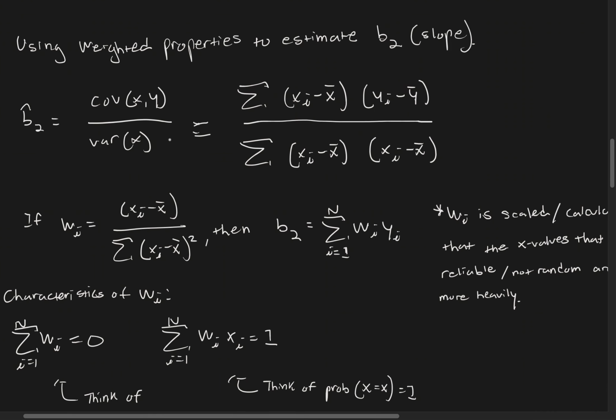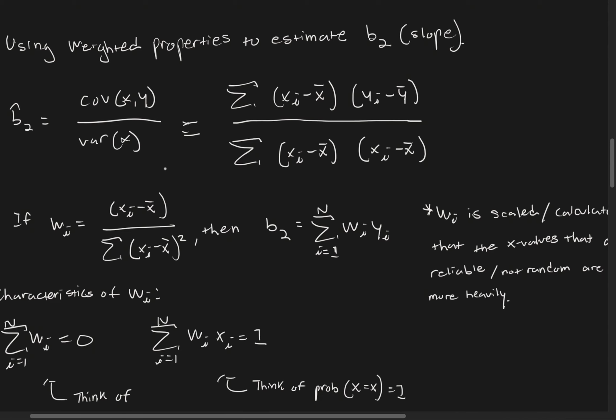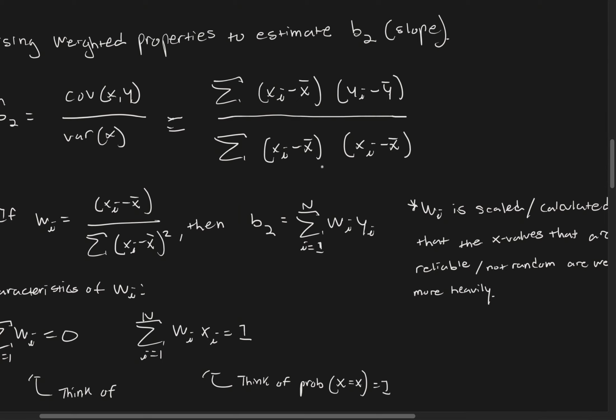If we recall, beta 2 hat is given by the covariance of x and y divided by the variance of x. We can expand it to here, because the variance of x equals the sum of the squared differences of x, so this is the same thing. And the covariance of x and y is also the same thing. There was a joint function of f(x, y) here, but that's for continuous, so we're assuming this is discrete.